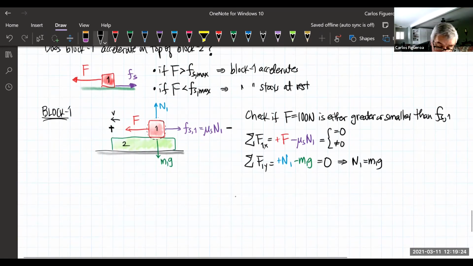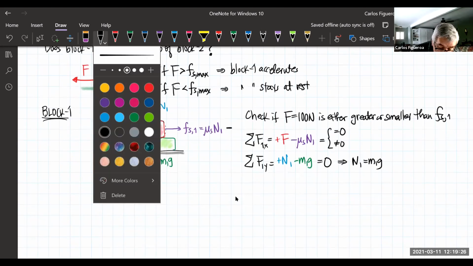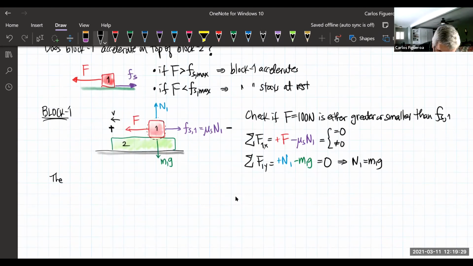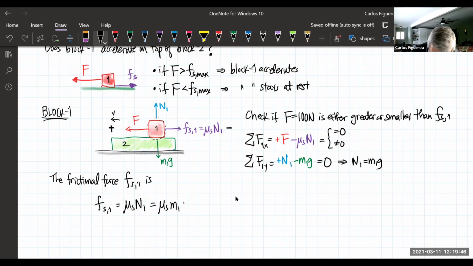So I need to determine this guy here. So the frictional force Fs1 is going to be mu of S times the normal 1, which is going to be mu of S times M1G. So if I plug in my values here, what's the friction? The static friction is 0.4 times the mass.